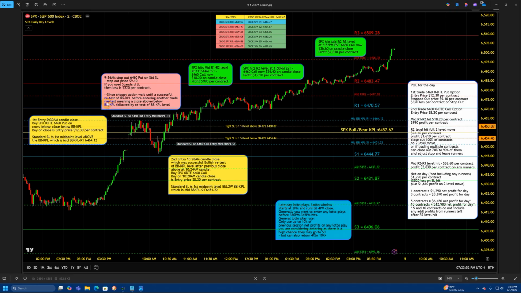What that means is a retest of a close above or below the BBKPL followed by a retest of that level. Okay, so what exactly does that mean?